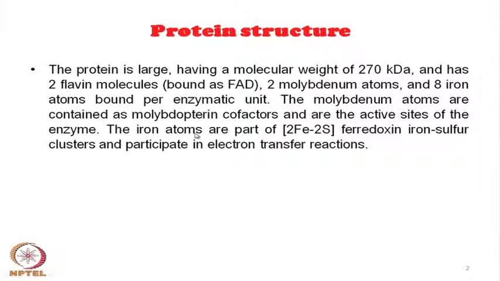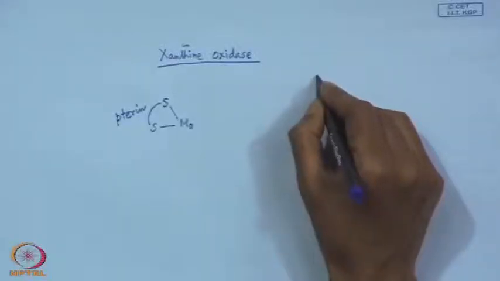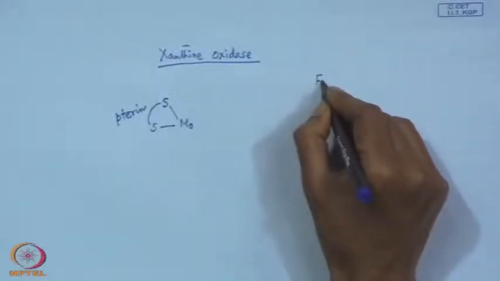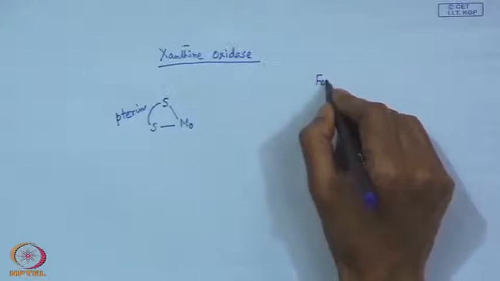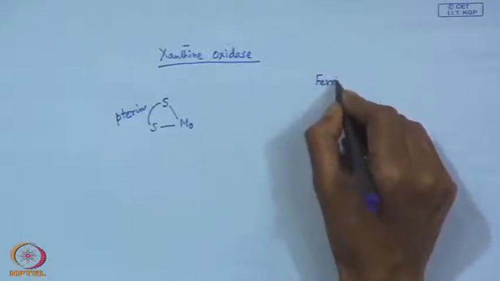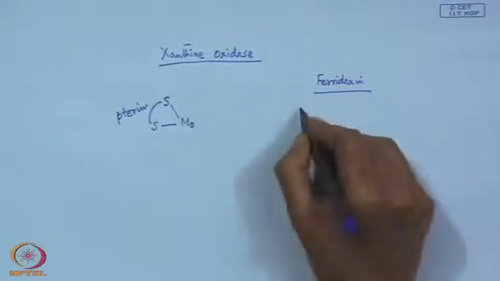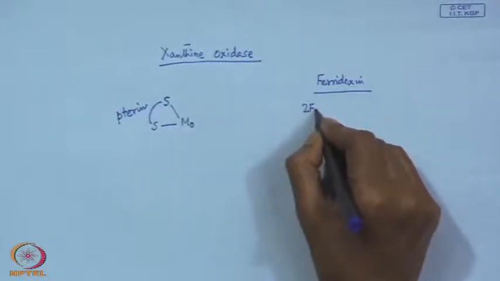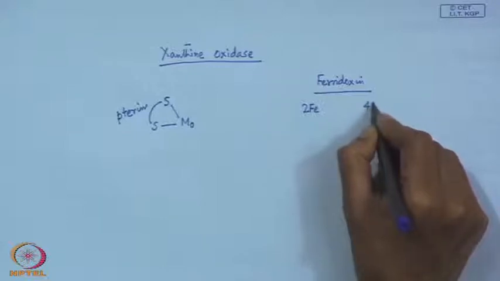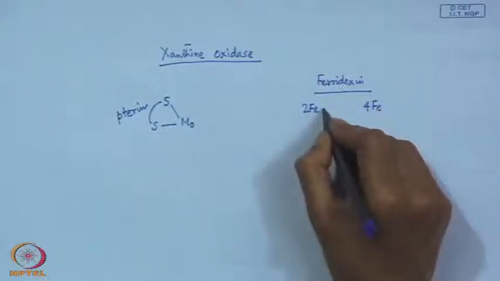And what is the role of these iron atoms? The iron atoms are part of 2 iron 2 sulfur ferredoxin type centers, or 4 iron ferredoxin. So it can be 2 iron ferredoxin or 4 iron ferredoxin.